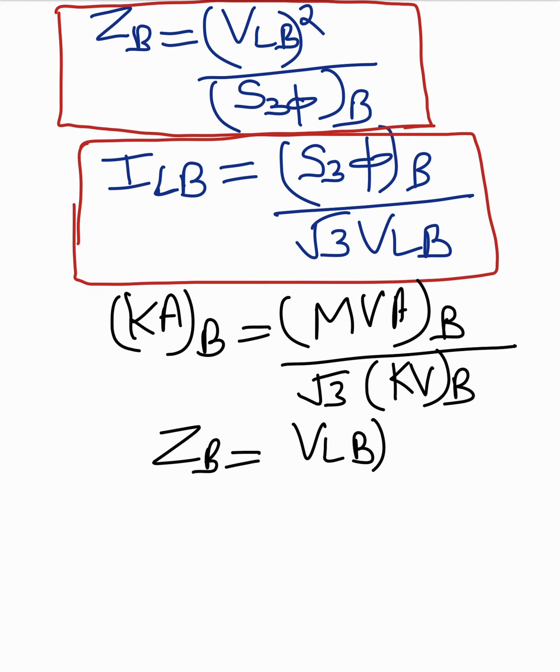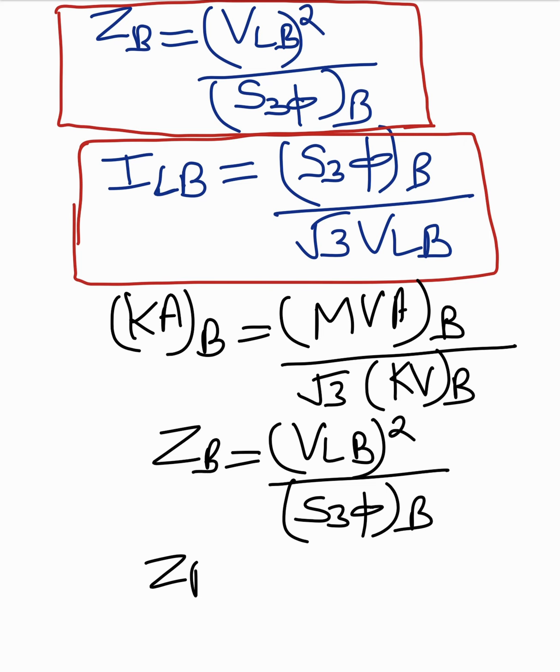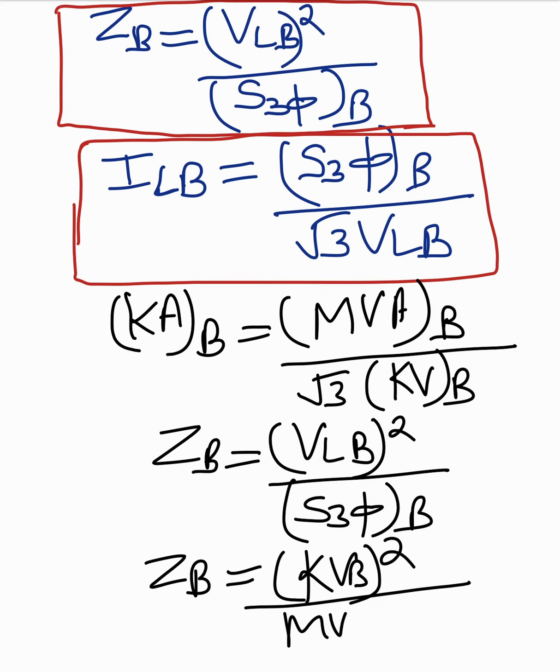VLB whole square, we have already calculated, upon S three phase base. So ZB is equal to KV base whole square upon MVA base. We can write like this.